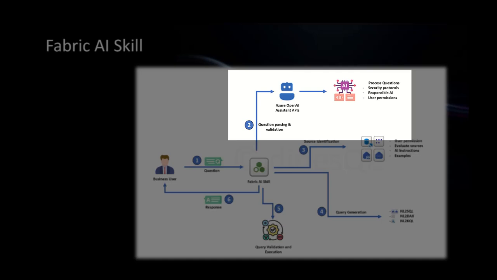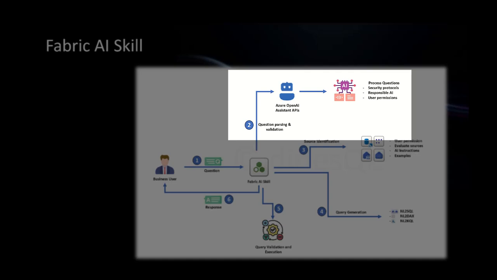How does it validate? It uses the Azure OpenAI Assistant APIs, and basically it behaves like an agent. It connects with the Azure OpenAI Assistant APIs, processes the question, and checks whether the question is a valid question.